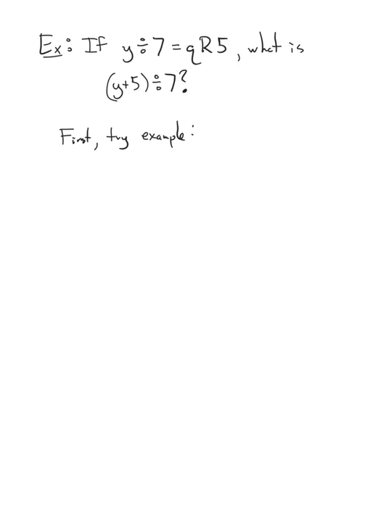See if doing an example or two can help you reason the pattern that's going on. It turns out that whatever y and q are isn't particularly important. It's the 7 and 5 that's the important bit. Draw a bit of a diagram and see if that helps. So pause the video and give it a go.